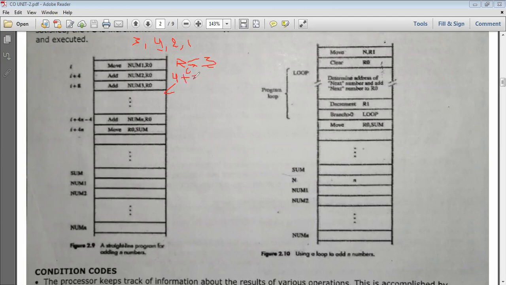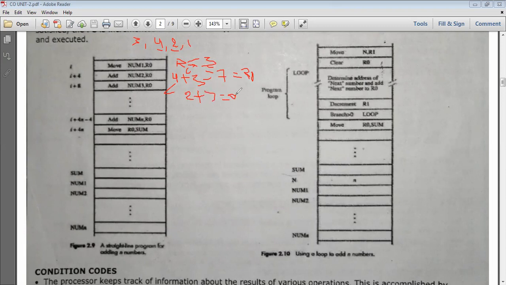So 4 plus 3 equals 7. Where is that 7 stored? In R0, since the second operand is the destination operand. Now what is the value in R0? 7. Next you add num3 comma R0. What is num3? 2. 2 plus the data in R0, which is 7, equals 9.